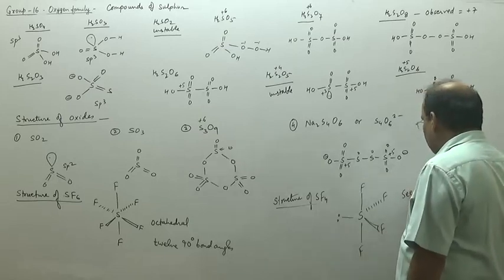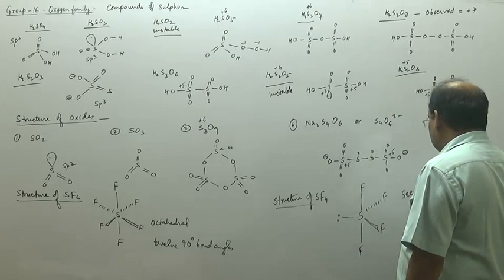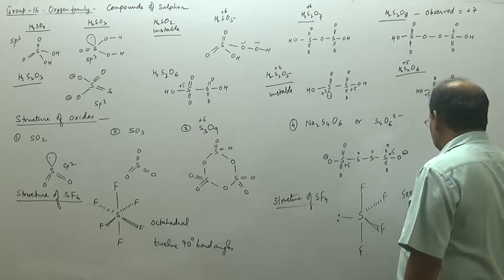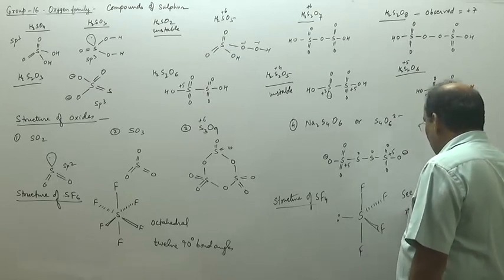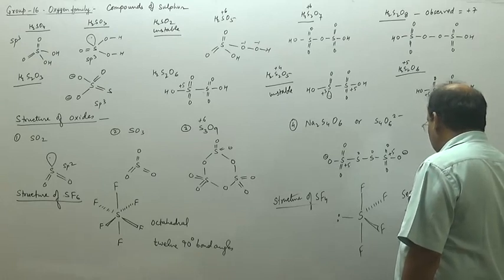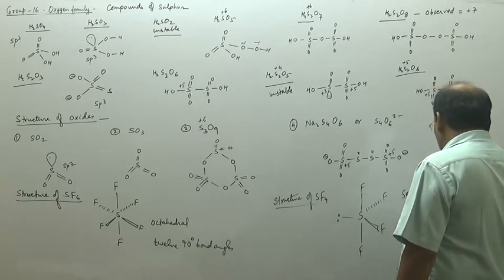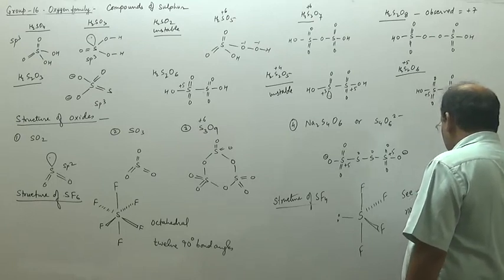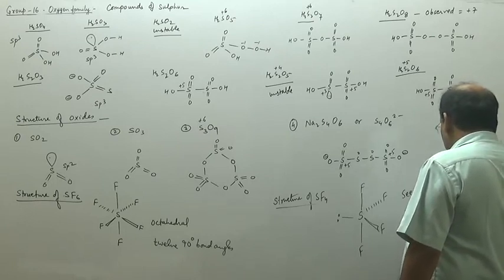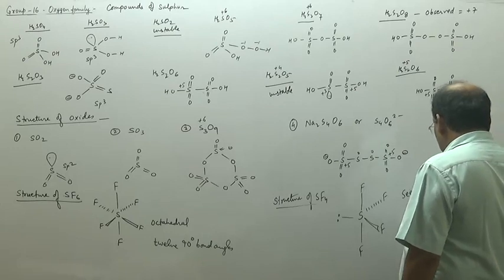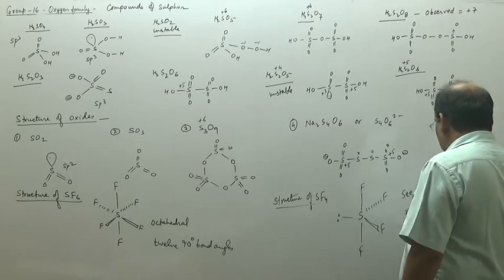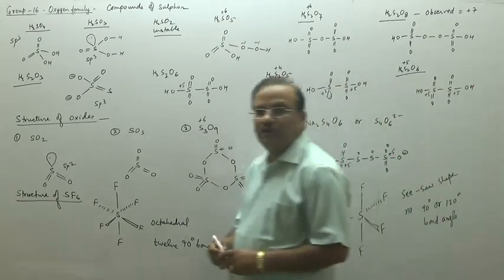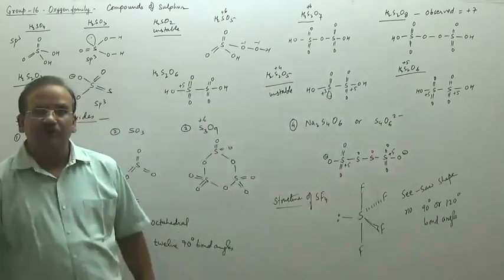So it is seesaw shape. So we'll write that there is no 90-degree or 120-degree bond angle. Because due to the presence of lone pair, we already know that there will be no exact bond angles. The bond angles change because of the presence of lone pairs.